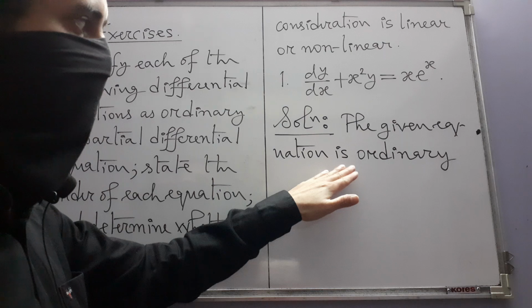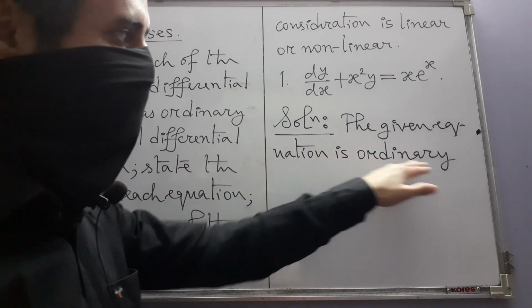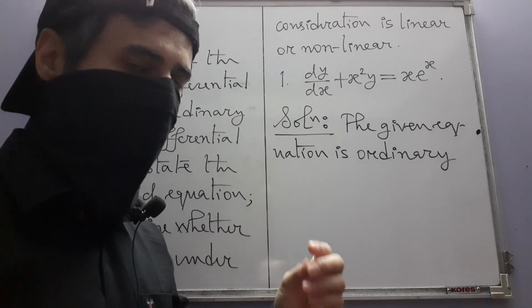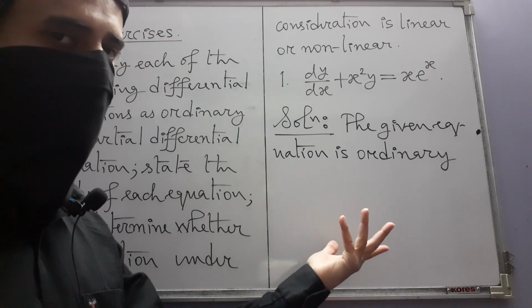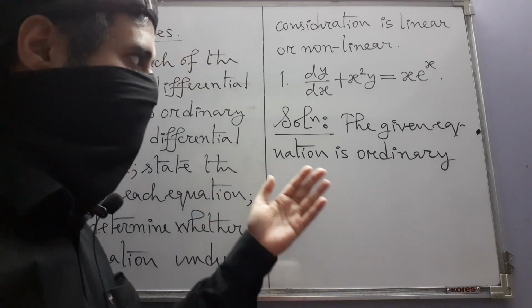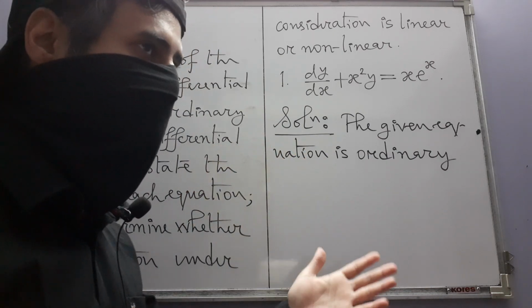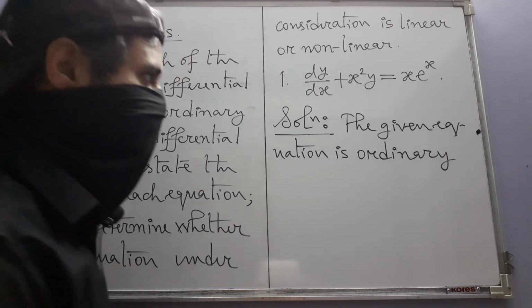Ideally, we should write "is an ordinary differential equation", because simply saying that the equation is ordinary may sound misleading, but you understand. So when you write the solution formally, you have to write the given equation is an ordinary differential equation. I am not going to write that.